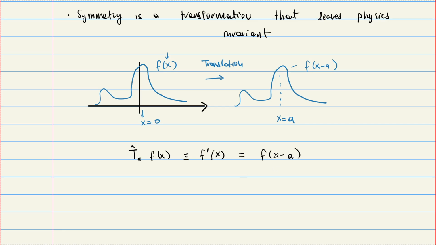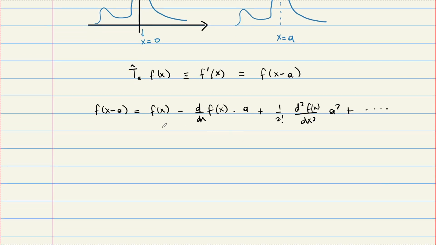Now, what we can do is the Taylor expansion for this, right? So f of x minus a is equal to f of x minus d over dx f of x times a plus 1 over 2 d squared f of x over dx squared a squared, dot dot dot. Right? It goes like this. And what I can do is think about this derivative like an operator acting on a function, right? I just rearrange this.